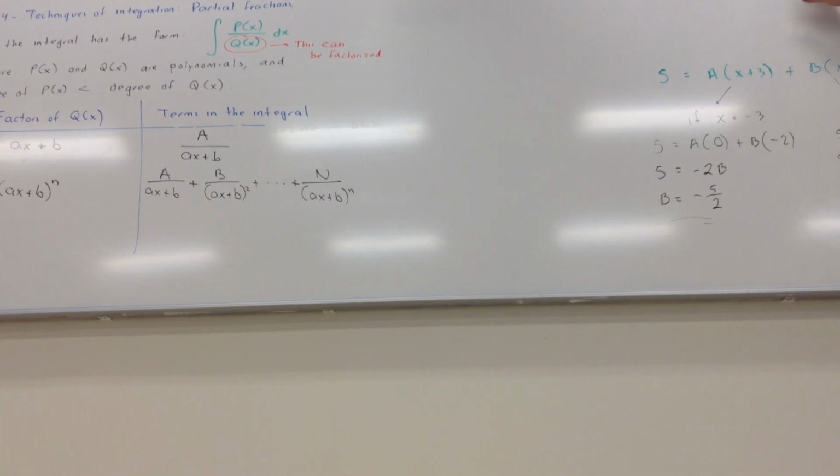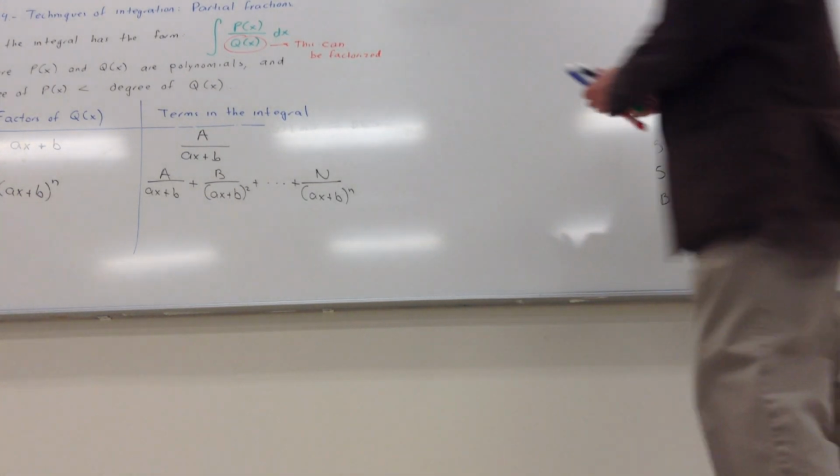In this case, what happens? I have three factors. One of them is linear, a single x, but then you have x plus 2 to the square, repeated. So we're actually using both cases. What do I do?